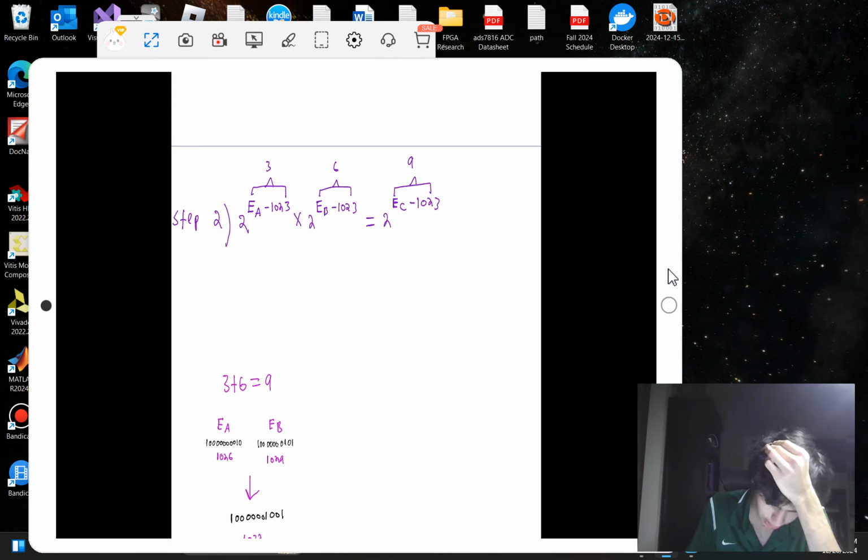And it's going to be EC is equal to EA plus EB minus 1023.